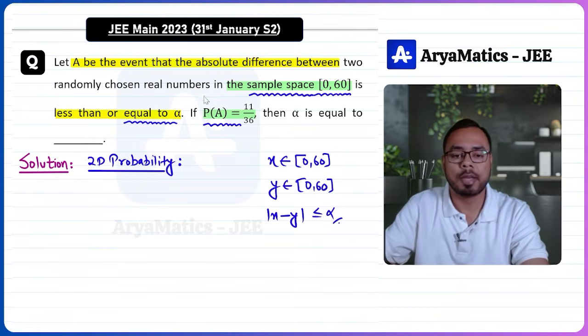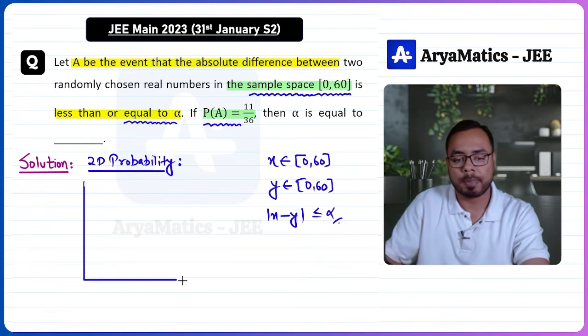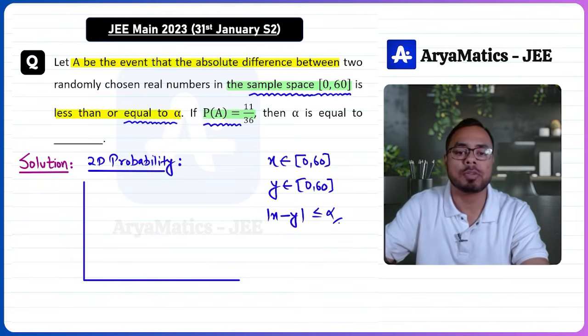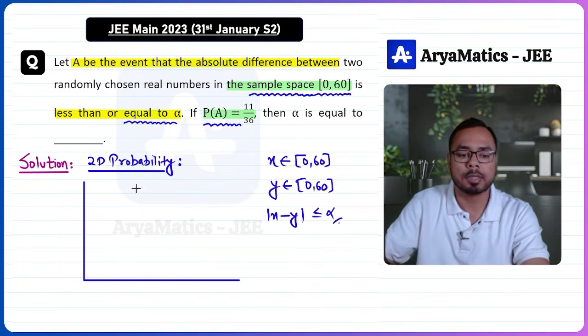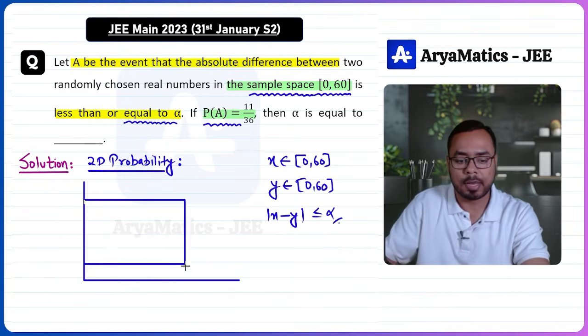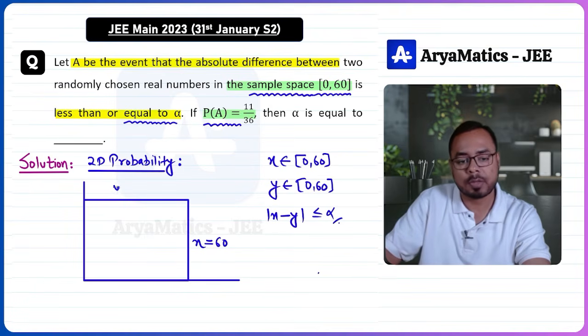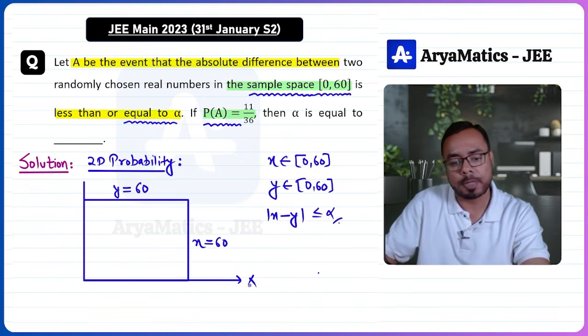So if x and y are numbers from 0 to 60, that means for x we can take any value from 0 to 60, and same thing is true for y also. That means we can take any points inside this square. Right, the different lines are, this line is x equals to 60 line. Here we have x equals to 0. This is y equals to 60 line. And this is your sample space, right?